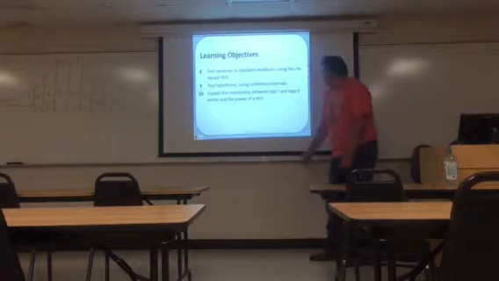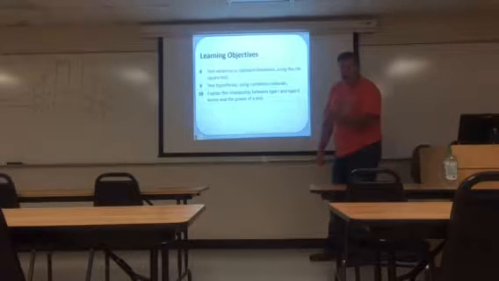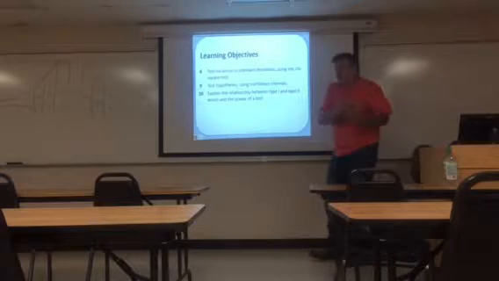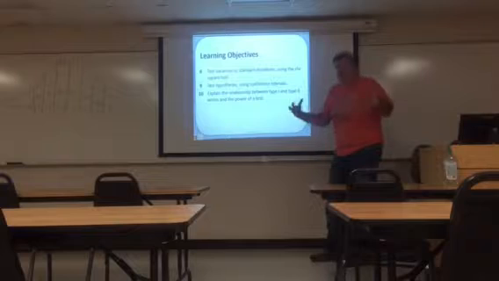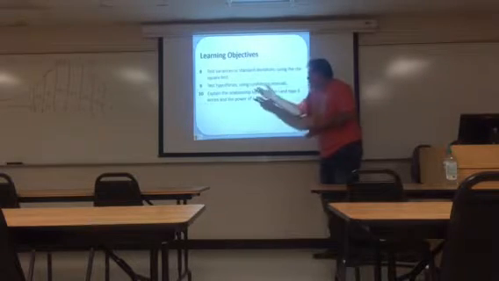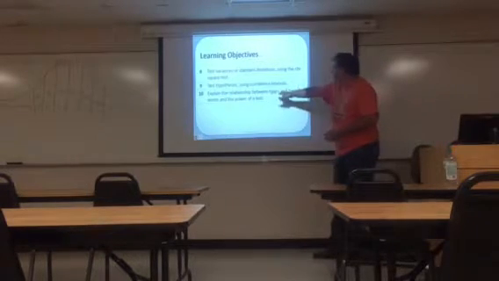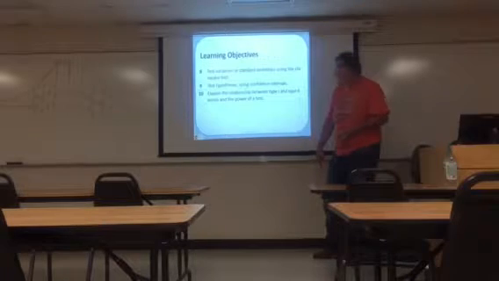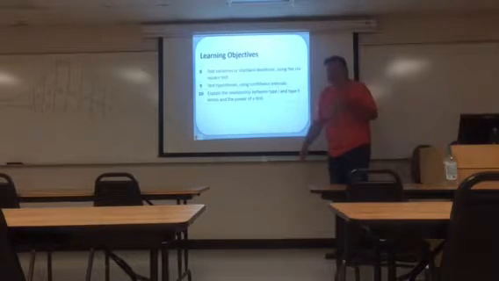Then we're going to test the hypothesis using what's called confidence intervals. The chapter before this one talked about confidence intervals. I just wanted to integrate the two together. And then we're going to explain the relationship between a type 1 and a type 2 error and the power of a test.